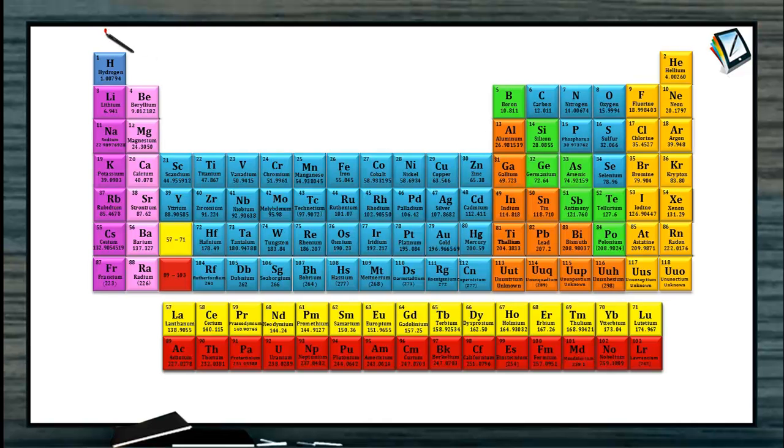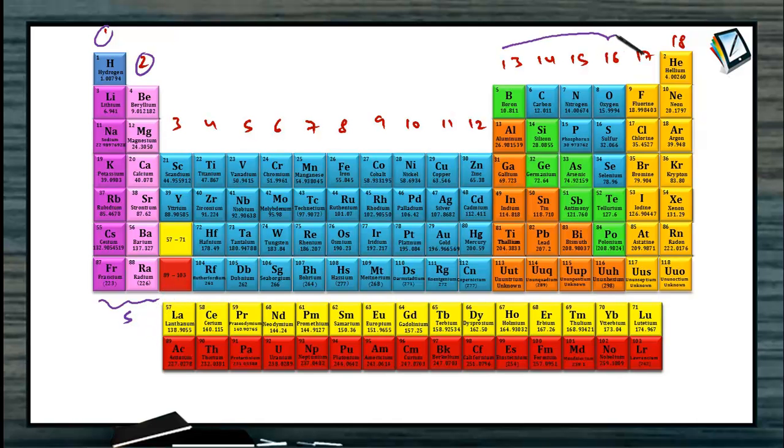So this is again group 1, group 2, 3, 4, 5, 6, 7, 8, 9, 10 and so on. Now, according to the statement explained just earlier, in group number 1 as well as group number 2, the electrons enter into s orbitals, whereas in the case of group numbers 13 to 18, the electrons enter into p orbitals.